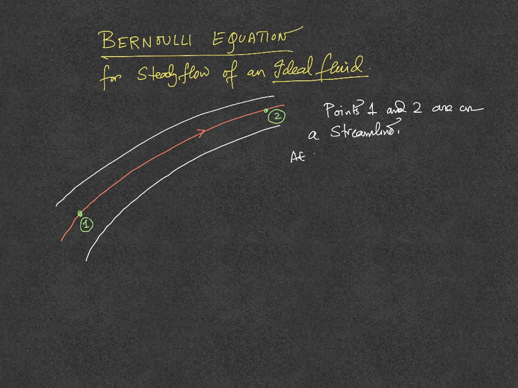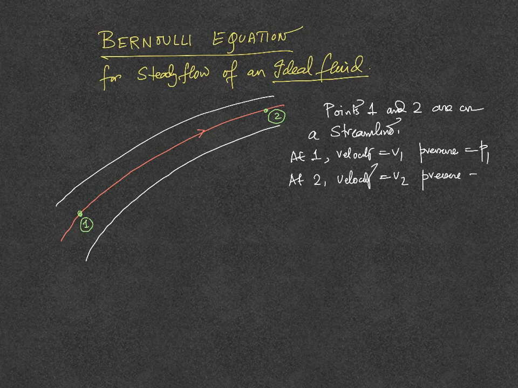At 1, velocity is v1 and pressure is p1. At 2, velocity is v2 and pressure is p2.